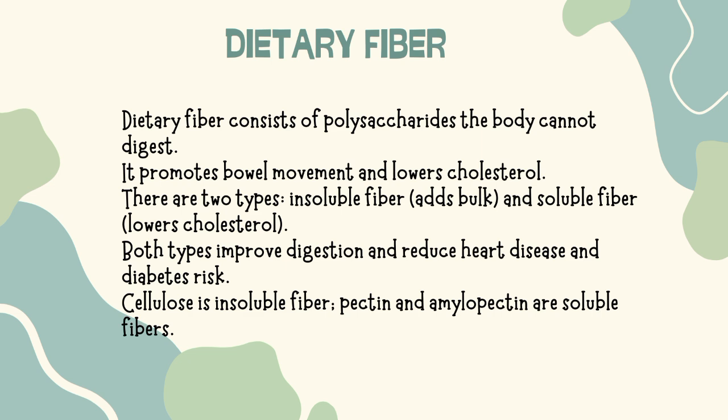Soluble fiber dissolves in water and helps lower cholesterol and blood sugar. Both types improve digestion and reduce the risk of heart disease and diabetes. Cellulose is an insoluble fiber, and pectin and amylopectin are soluble fiber. Fiber is plant material we cannot digest. It keeps the digestive system healthy, helps control cholesterol and sugar, and lowers disease risk.